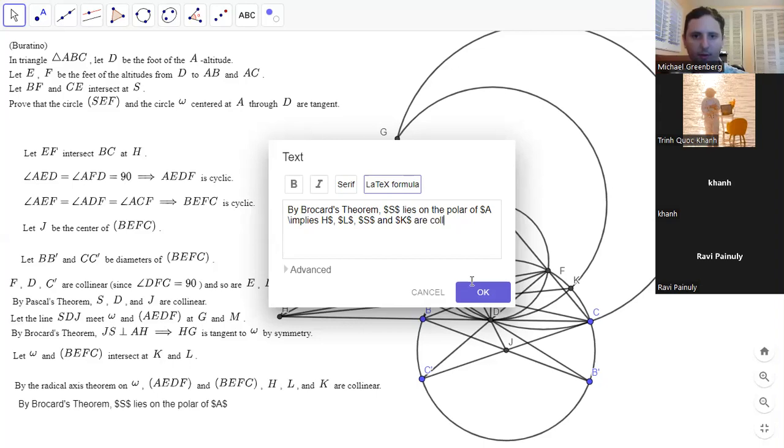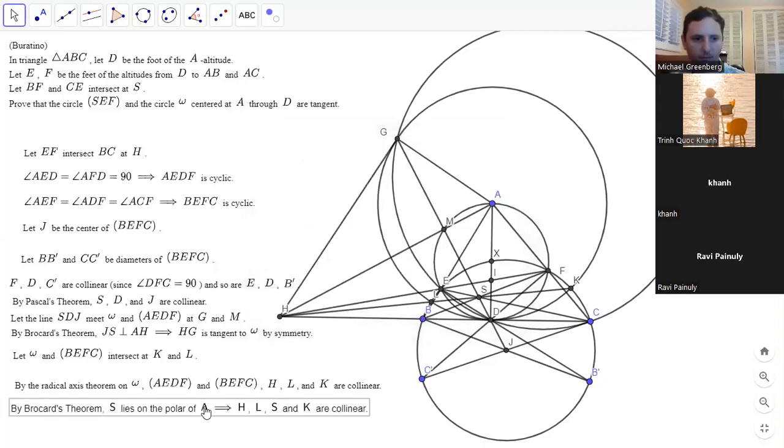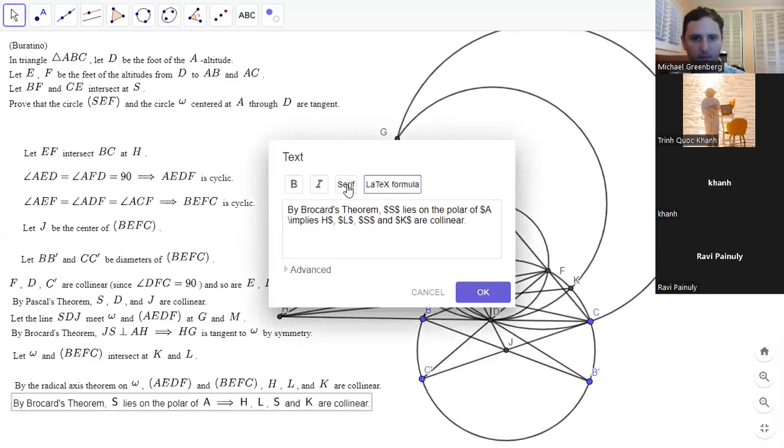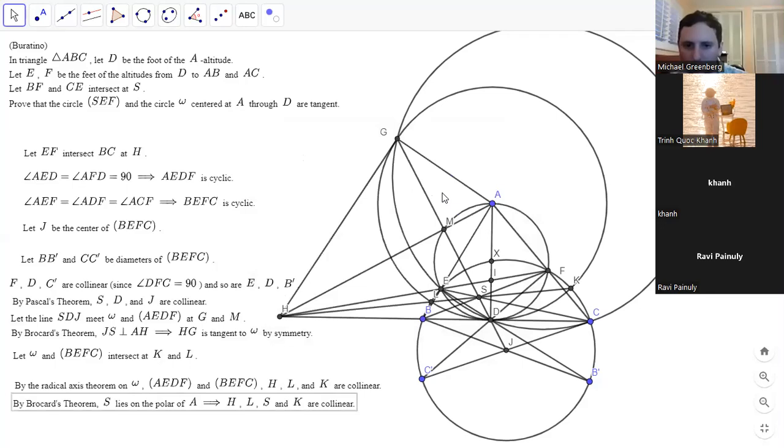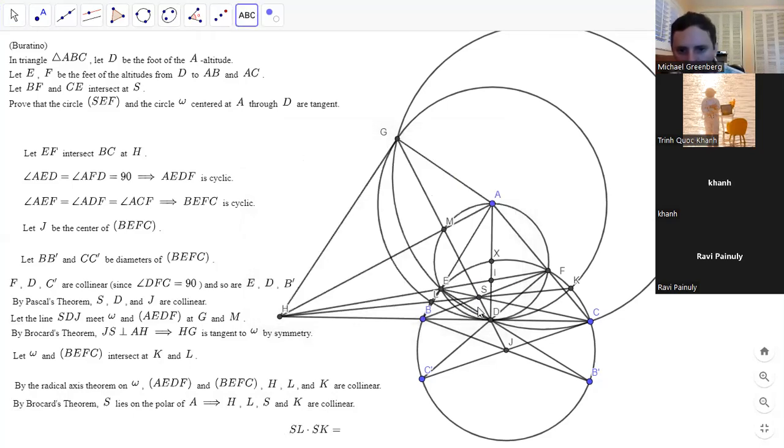And then you can use power of a point. So SL times SK is SE times SC.